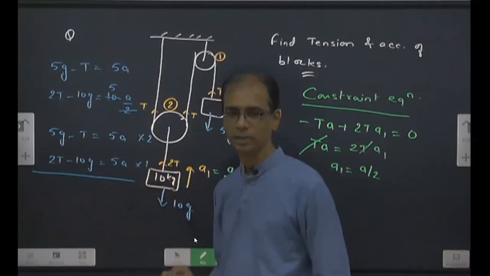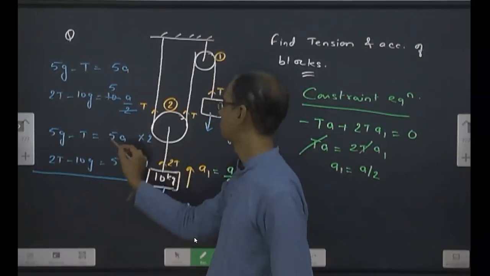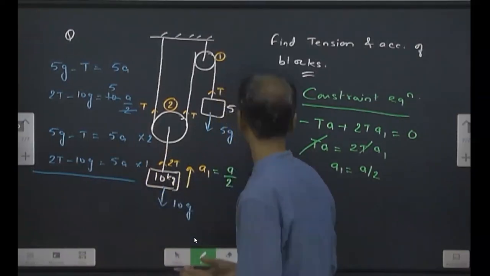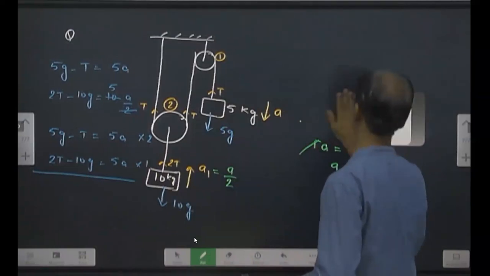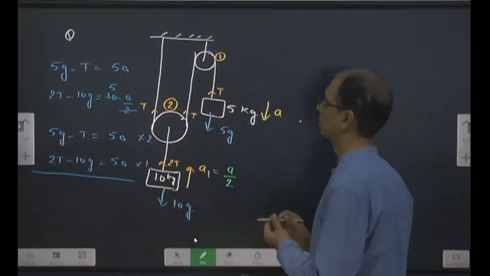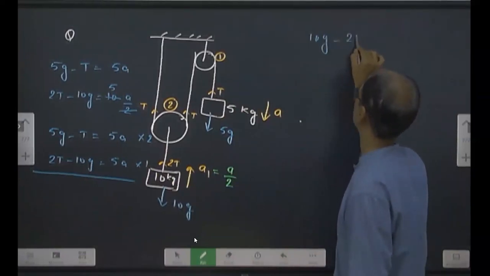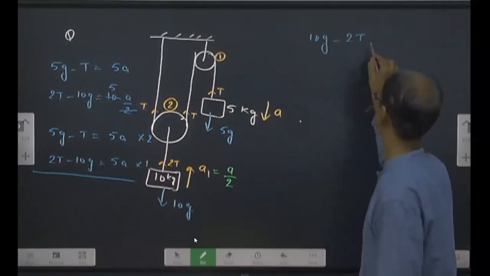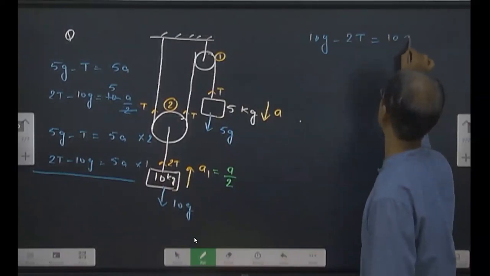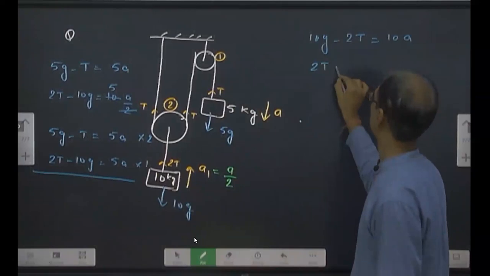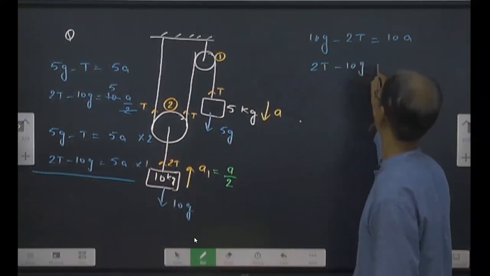1 means nothing. So if I multiply in this one with 2, this equation will change into 10g minus 2t equal to 10a. And the other equation is same, 2t minus 10g equal to 5a.